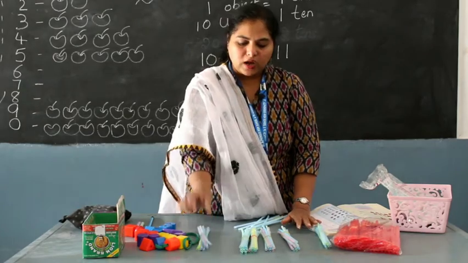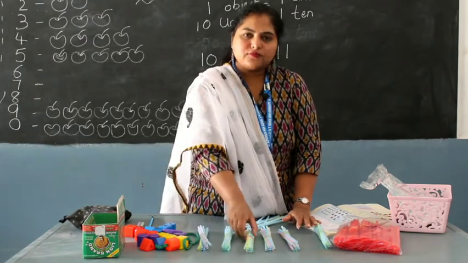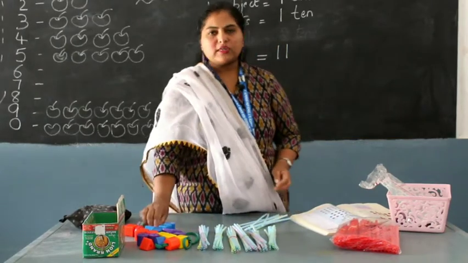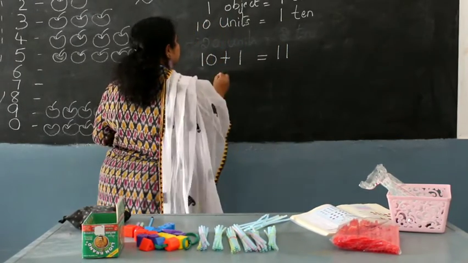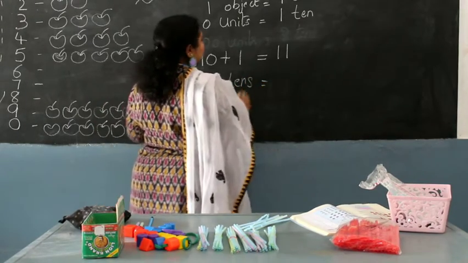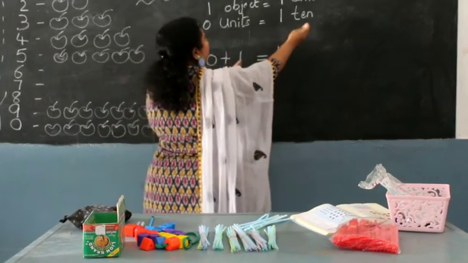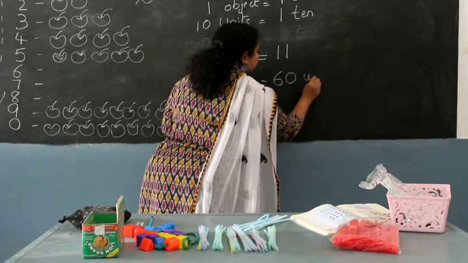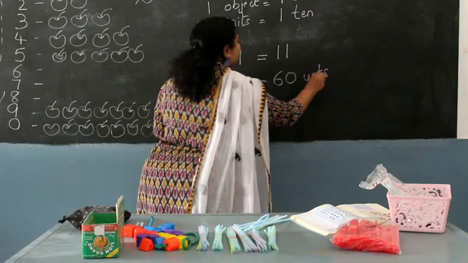I'll just count 1 ten, 2 tens, 3 tens, 4 tens, 5 tens, 6 tens. So what is 6 tens? When I say 10 units is equal to 1 ten, so 6 tens is equal to 60 units. Okay.